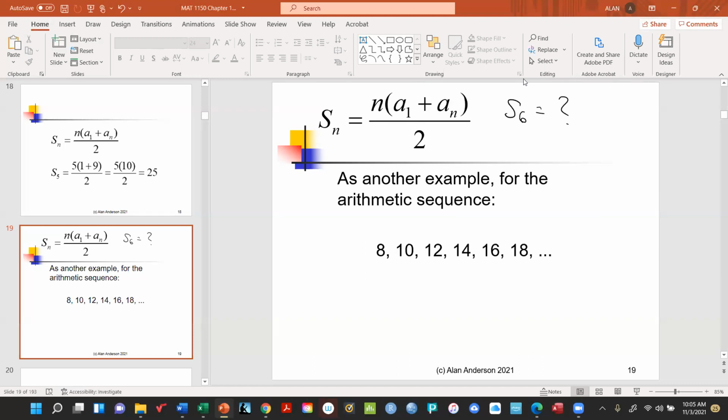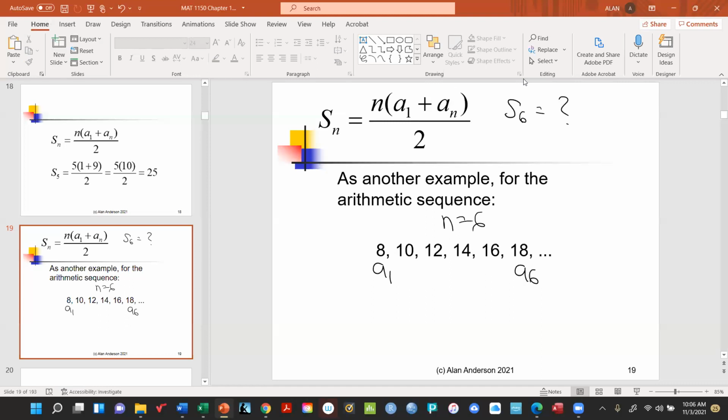Okay, and also while we're at it, let's observe that A1 is 8 and A6 is 18. And N is of course 6. So if you took out a calculator and added these up, you'll get the right answer. Let's do that manually. 8 plus 10 plus 12 plus 14 plus 16 plus 18. That adds up to 78.